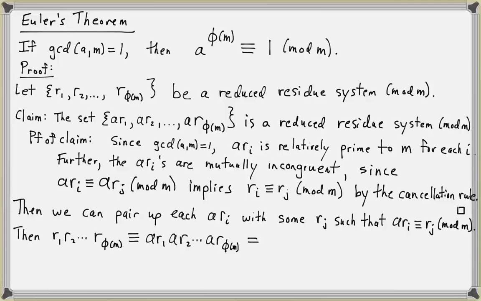But in this expression, if I pull all the a's to the front, we'll see this is congruent to a, and I have a total of phi of m factors of a. So we get a to the power phi of m times the product of the R's, R1, R2, all the way to R sub phi of m, mod m. But each one of the R's is relatively prime to m, so we can cancel all the R's.